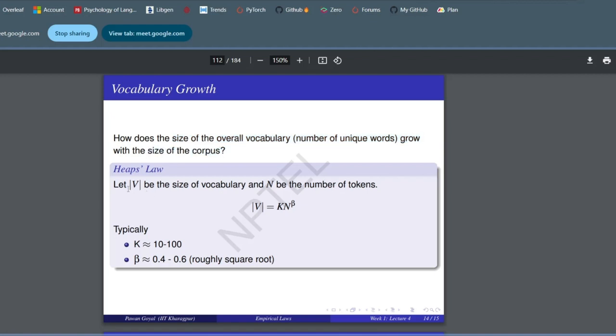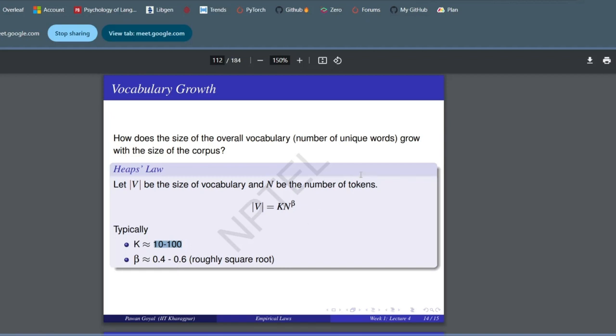So what does Heaps' law say here? Modulus V means the size of the vocabulary, and N is the number of tokens. The relation is that the size of the vocabulary would be k times N to the power beta. The commonly observed value of k is between 10 to 100, and for beta it is between 0.4 to 0.6.